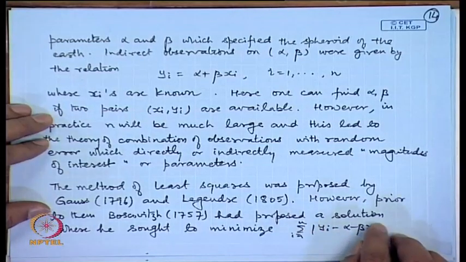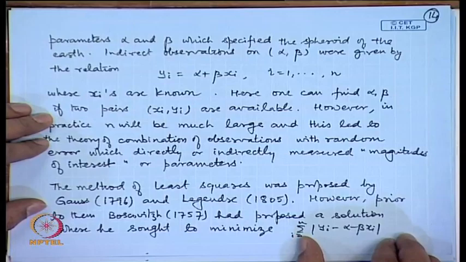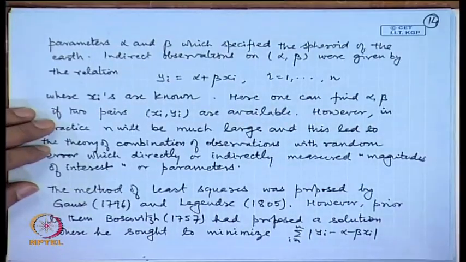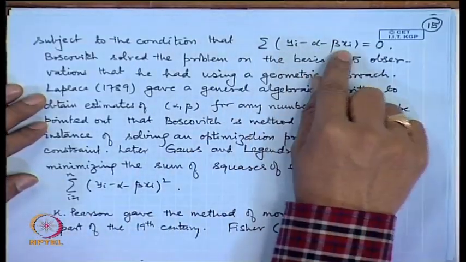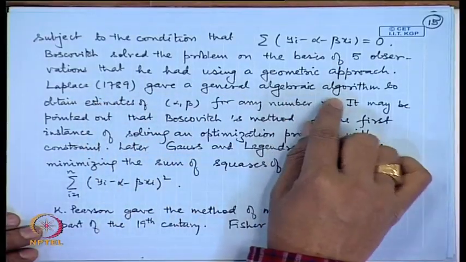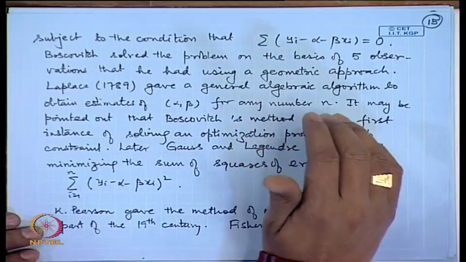So, in place of the square, initially he considered the mean absolute error, subject to the condition that the sum of the errors must be 0, and he solved this problem using geometrical methods based on 5 observations. Later on, Laplace gave a general algebraic solution to this problem.